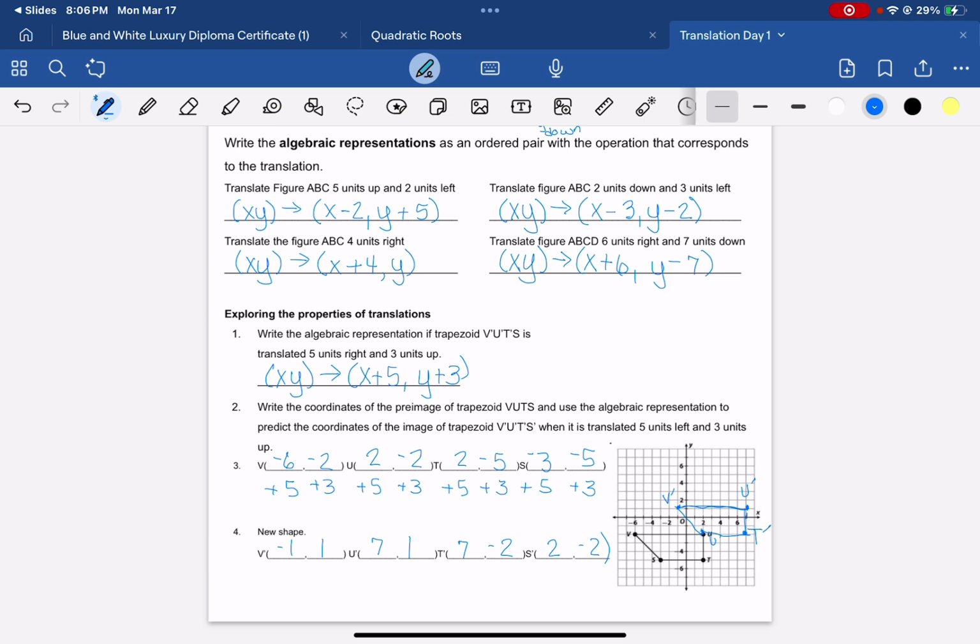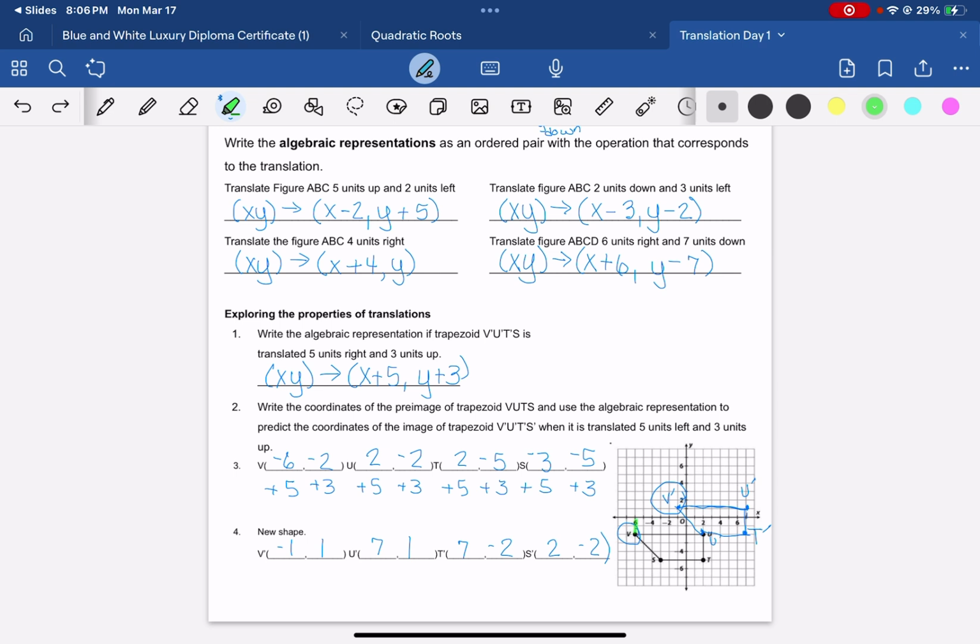So see how my shape, it went up and over. So it went up 5? Now how do I tell how it moved? Again, take a point and just track its movement. See, this one went up 3. And I'm going to change colors just to make this very obvious.